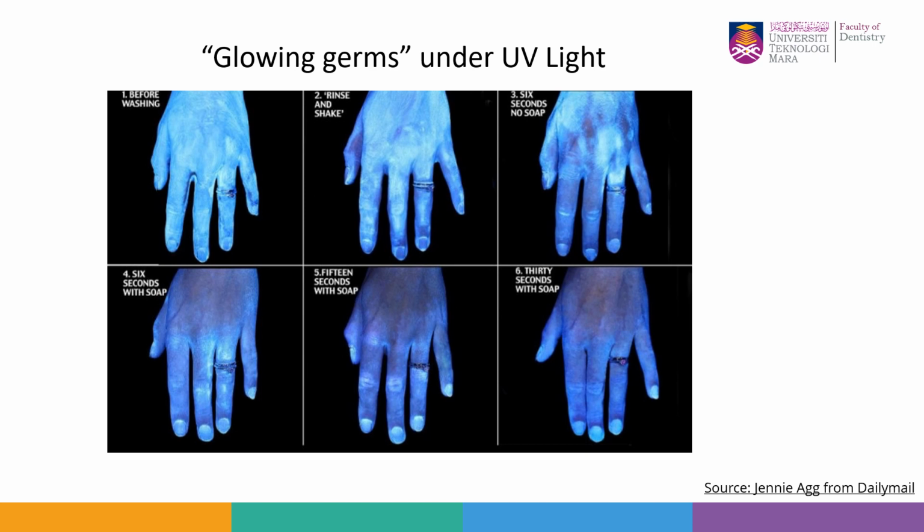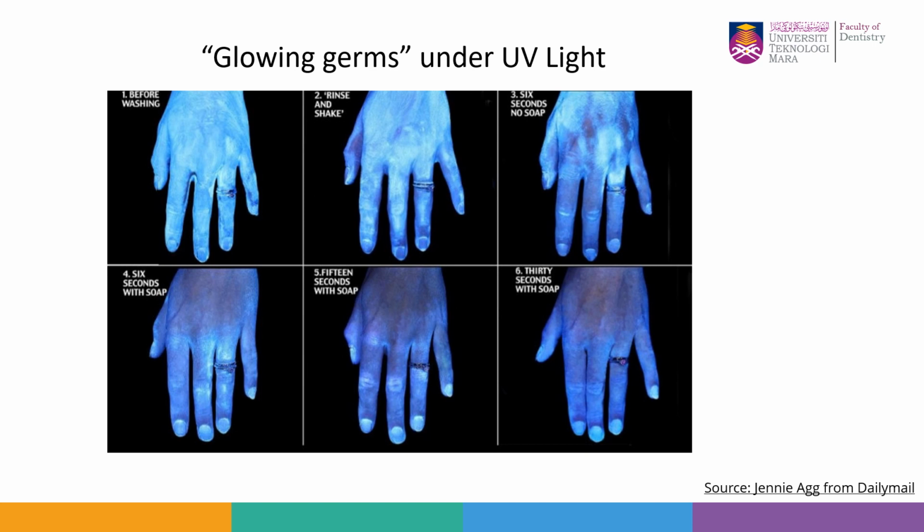All right, so what this photo or diagram is showing is we have a substance that we put on the hands, and this substance will glow when we put our hands under UV lights, okay? So what we did was we asked the person to put on this substance, which is a powder, just to cover the whole hands, all right?